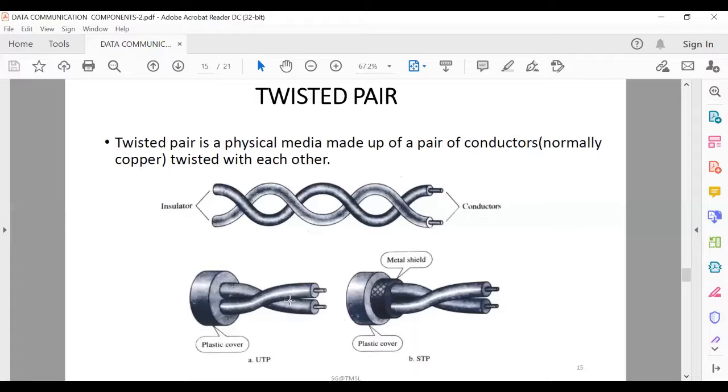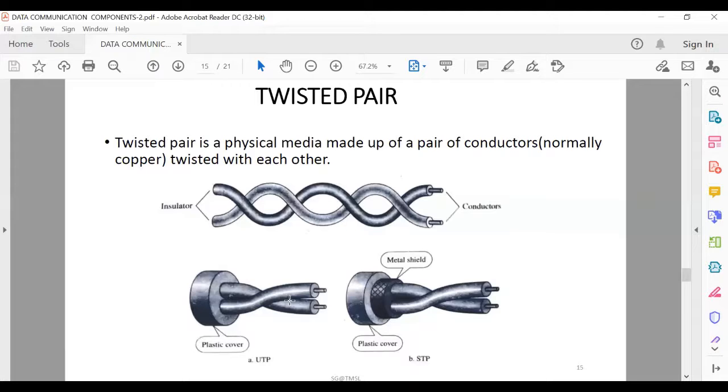But there are certain disadvantages. It can only be used for shorter distances because of the attenuation, and as they are unshielded, they are affected by crosstalk, atmospheric conditions, or electromagnetic interference, and the adjacent twisted pair.